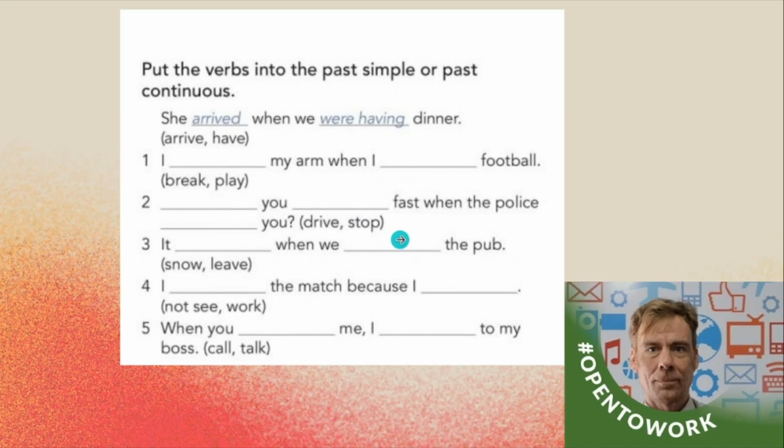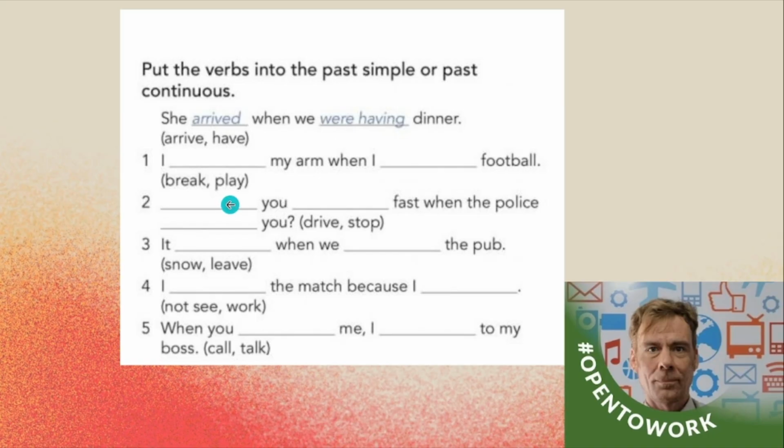Number 2 is a question. The verbs are drive and stop. Notice we have 3 spaces here. This is because it is a question. And how do we make questions in the past continuous? With the verb to be. The subject is you, so the verb to be is conjugated as were.